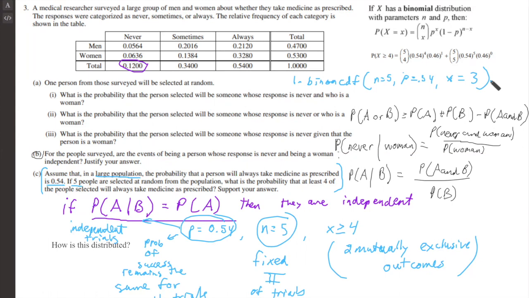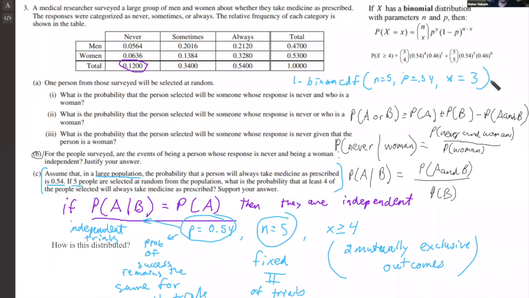Can you say that one more time? Yes. Binomial PDF, 5 trials, 0.54 with 4 successes. Then you click plus to add a binomial PDF, 5 trials, 0.54 with 5 successes.